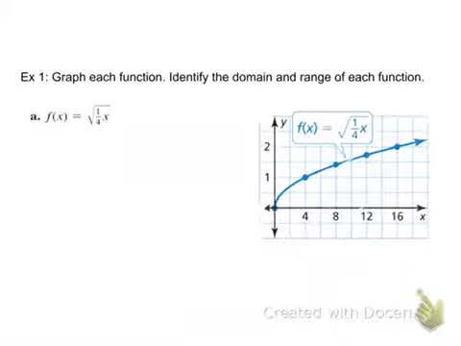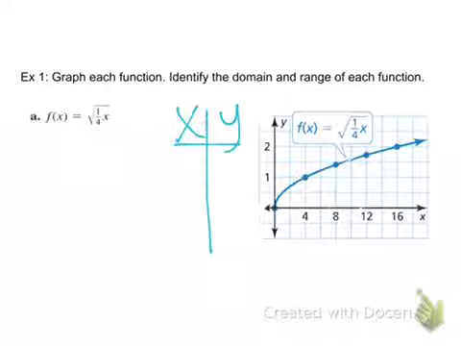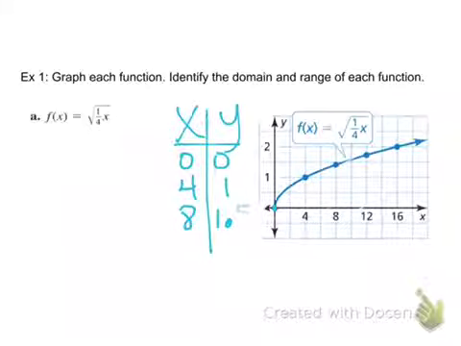In this graph, we make a table for these points. We have points at 0, 0. We have a point at 4, 1, 8, 1.5, 12, looks like it's possibly 1.75.